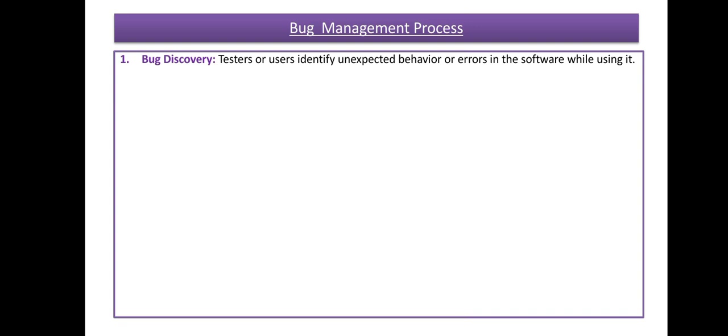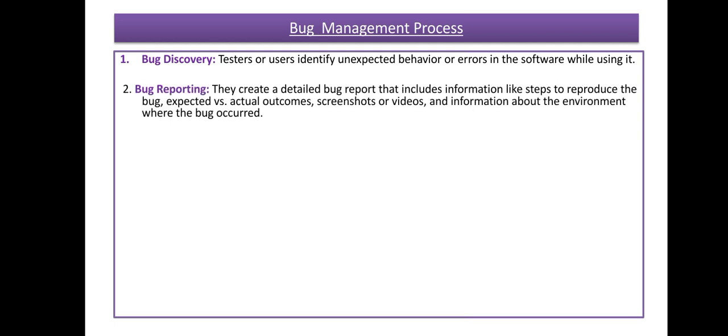How to manage the bugs? One is identification of the bugs, which is called bug discovery. Testers or users identify unexpected behavior or errors in the software while using it. Number two, bug reporting.